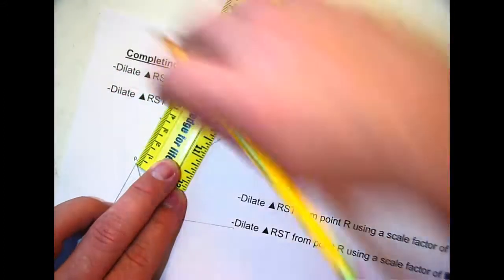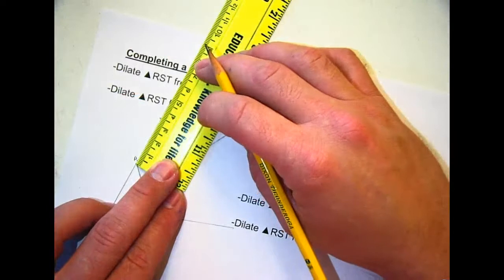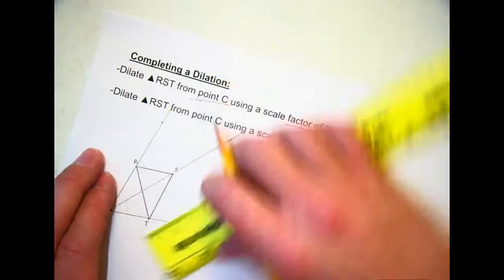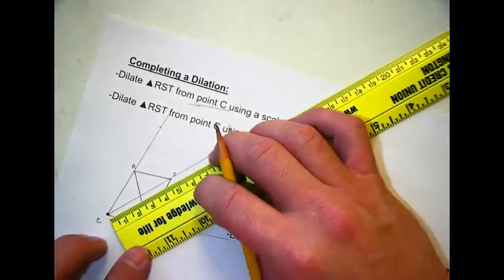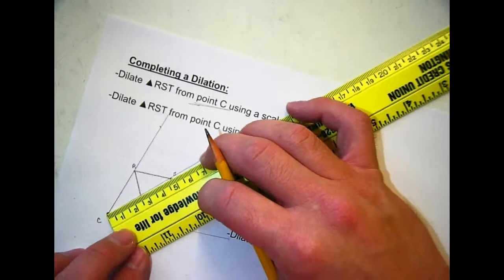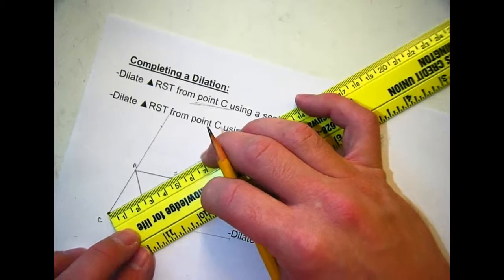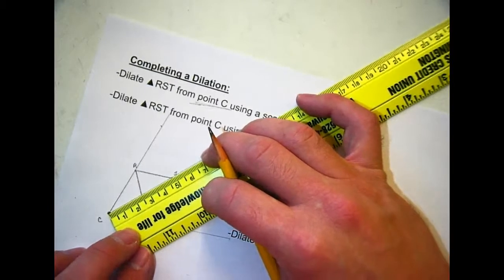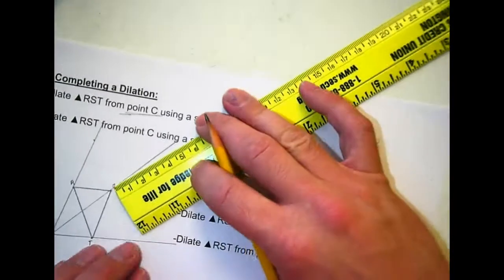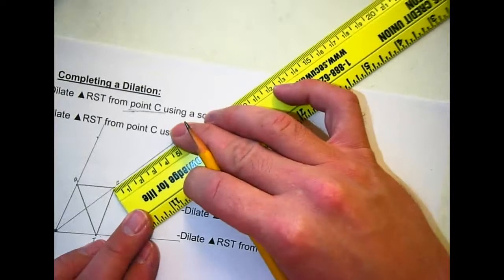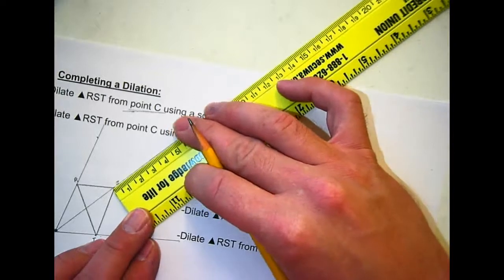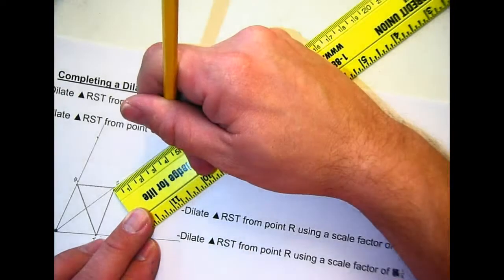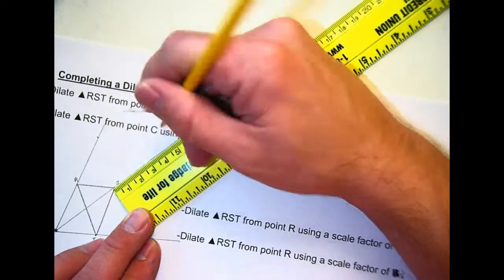I'm kind of at a weird angle because I can't get my head under the document camera, but okay. And then from C to S, mine appears to be about 4.7. Okay, good. So from S, we will measure out 4.7, which brings me about there-ish.